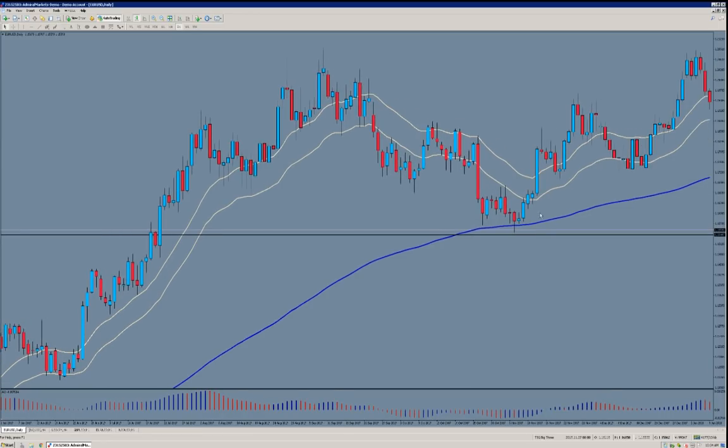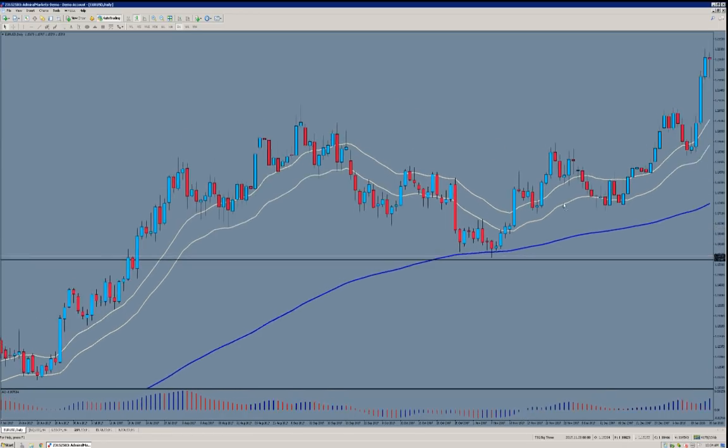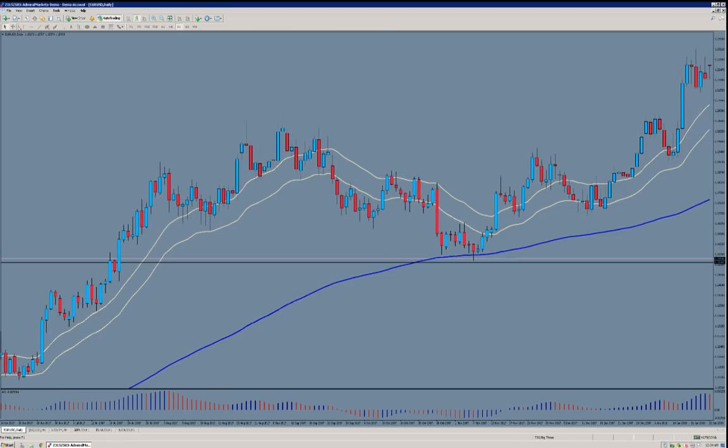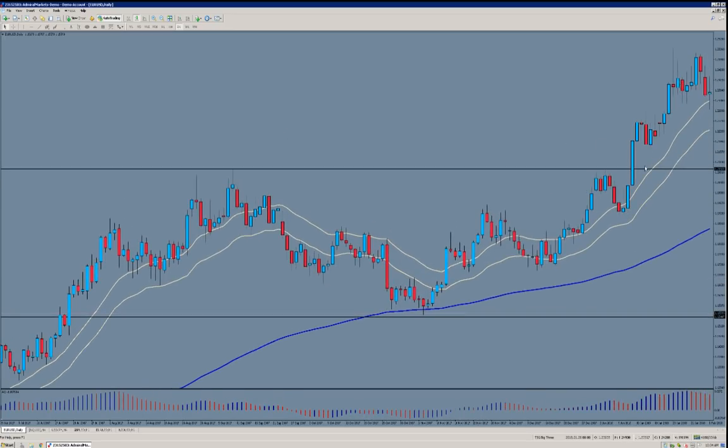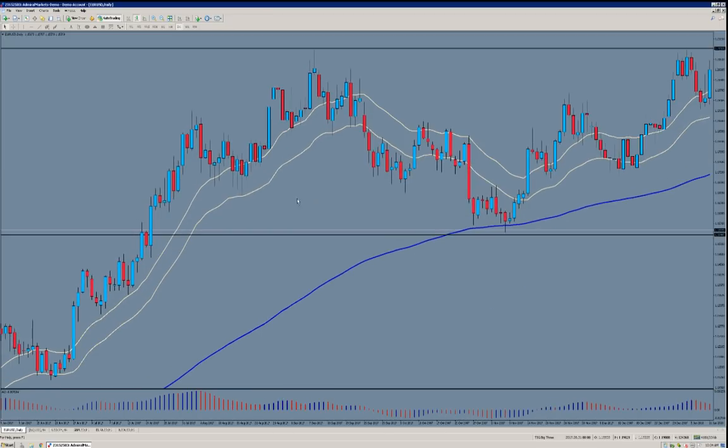And the target in this case would be at least at the previous high, here at the previous top. But this can of course go further. The most conservative target is at the previous high. And overall, if you entered anywhere at around here, this would have been a really good reward to risk ratio trade.